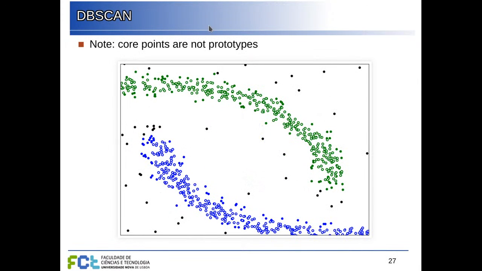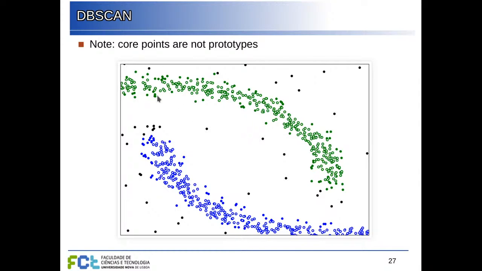So this can handle noise, and it's not prototype based, because note that the core points here, so these points with the white circles, are core points because they have at least that number of neighbors.